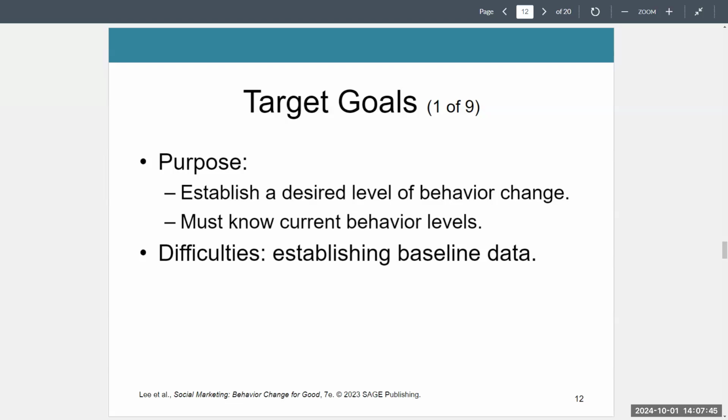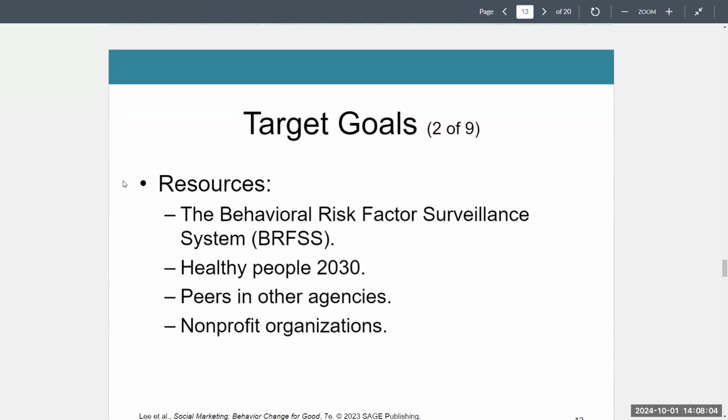What is realistic and what's not? Essentially that's what the target goal does, because part of the SMART goal is that it has to be realistic. And it's only realistic if there is a target goal and if you're informed enough to be able to make those decisions.